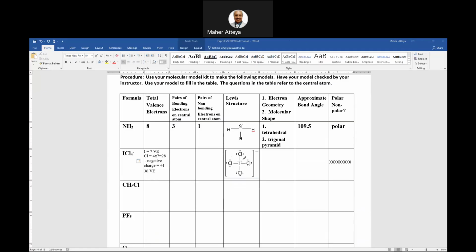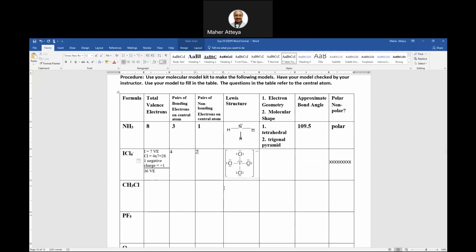So here will be 2 sets. Bonding here, guys, 4. Bonding 1, 2, 3, 4. The non-bonding is 2 sets. The bonding is 4. We have 4 single bonds, correct?